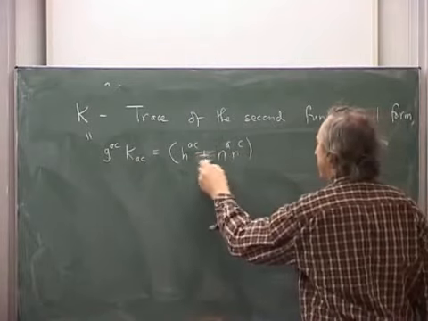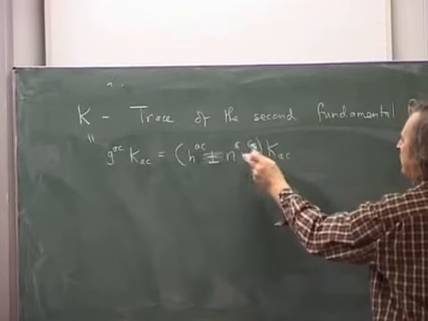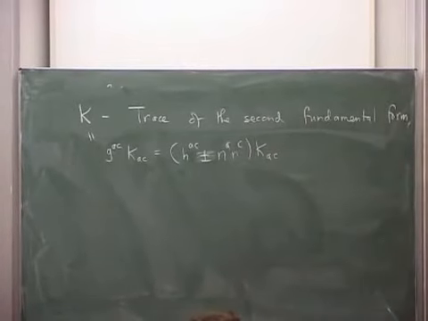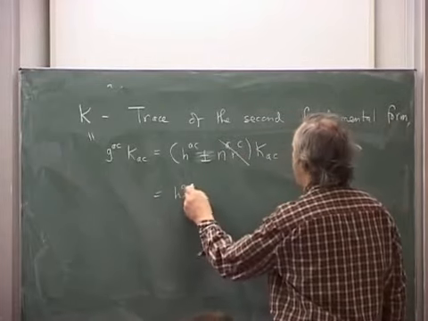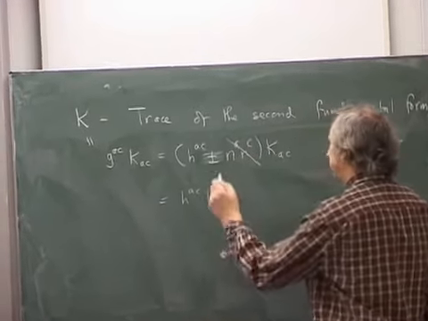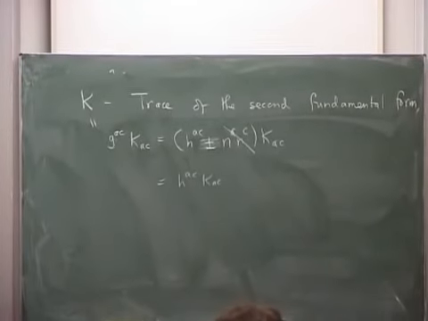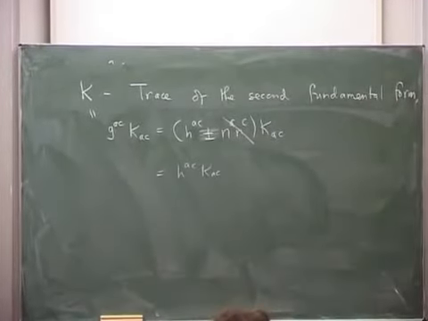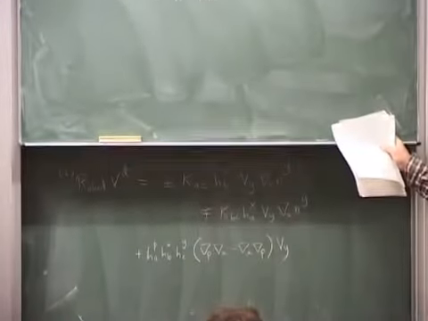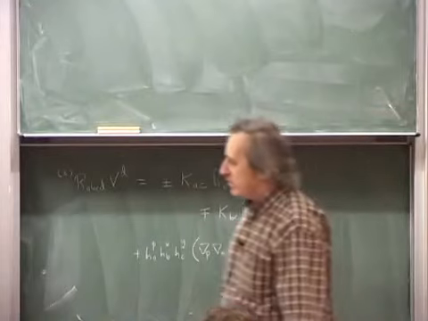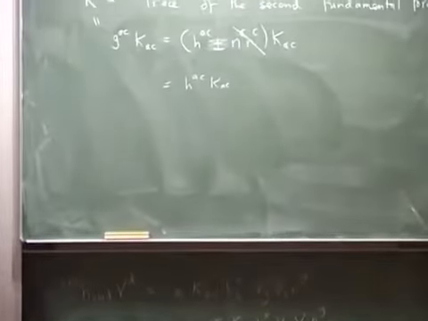But these unit normals dotted with n, dotted with K, never give you anything, so this is the same as h^AC K_AC. Sometimes one way of calculating it is easier than the other. So here is a nice formula for the Ricci tensor.